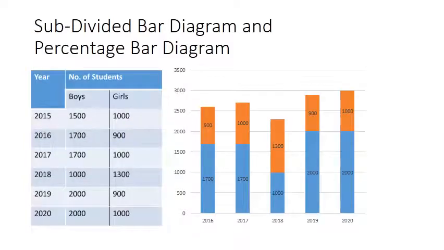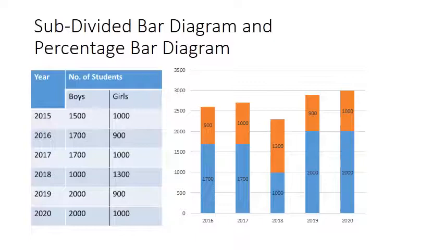One more is subdivided bar diagram and percentage bar diagram. Subdivided bar diagram is when a single bar is divided as per the variable. That is why it is known as subdivided.